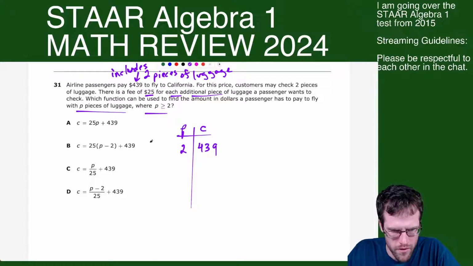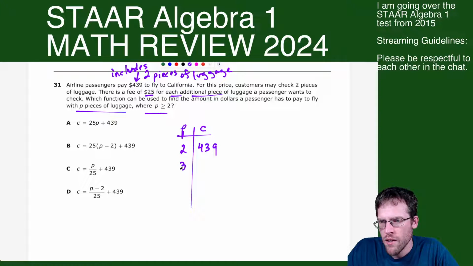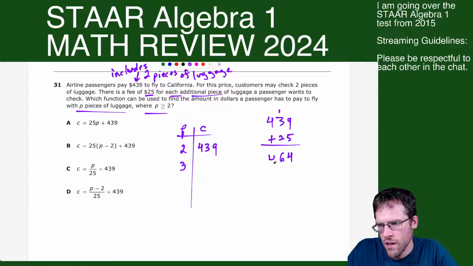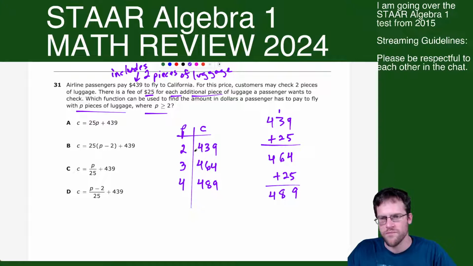But then for a third luggage, now we're paying a fee of $25. So if I go $439 plus 25, now I've got $464. If I go again, another $25, now I'm at $489. That would be for 4 pieces of luggage. This is a linear function.